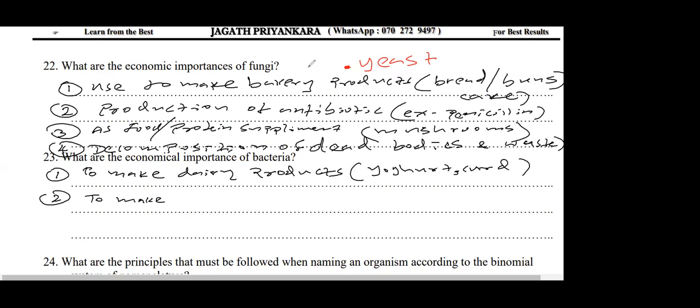I don't have space to write. I'll write it at the top. I forgot that. Alcohol and Marmite production come under fungus, number 5.